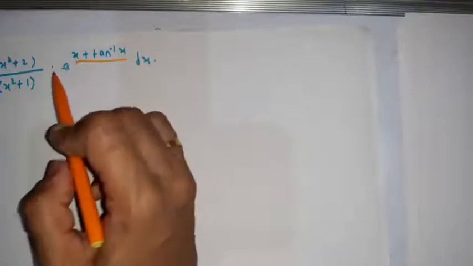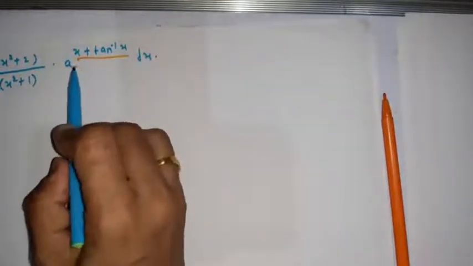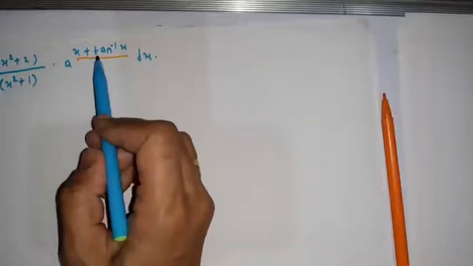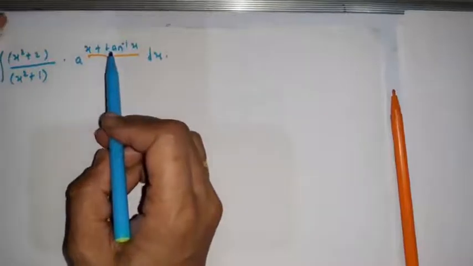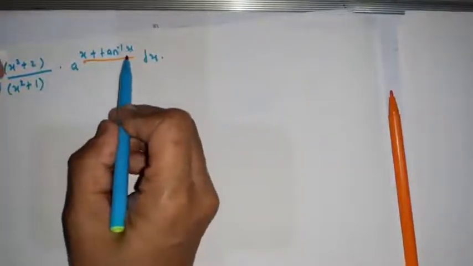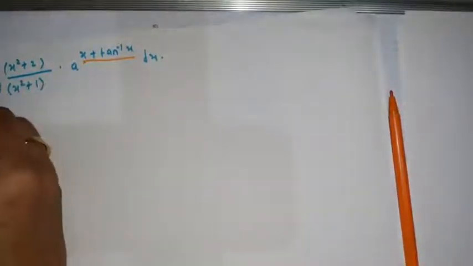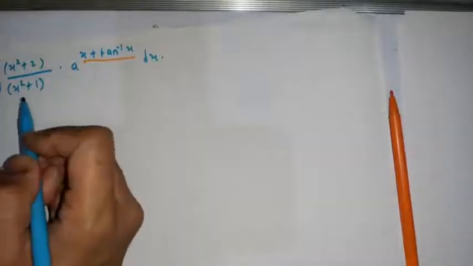By trial and error you should get what the actual substitution is. So let us try for this function. If the substitution is successful, then we will substitute. Here a raised to x plus tan inverse of x dx, suppose this is the integration I equal to.